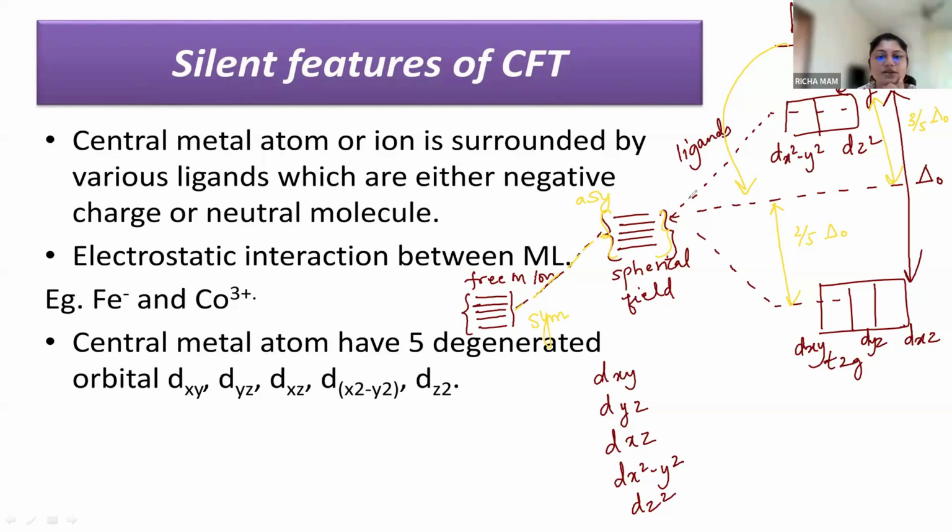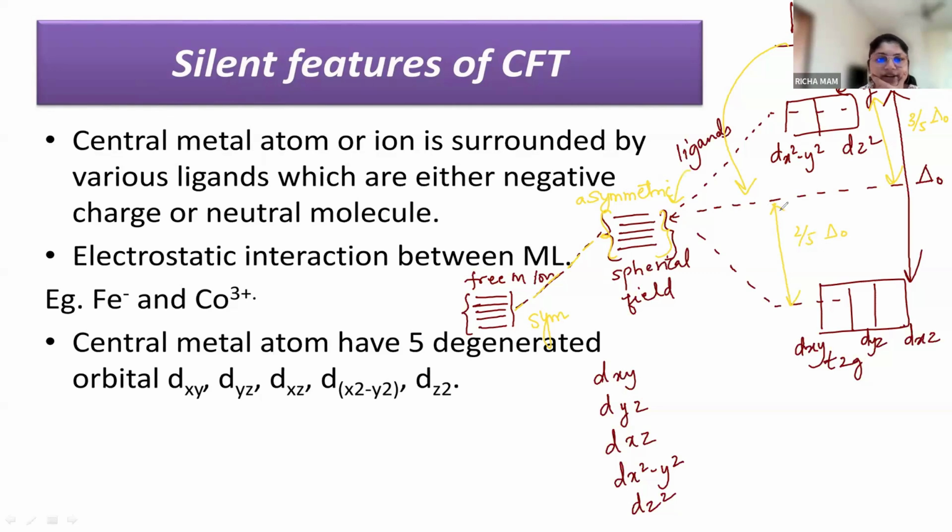It becomes asymmetric and the splitting takes place. So whatever the energy was the same, now it is not the same. Because it comes in contact with the ligand, this splitting of d orbitals is called crystal field splitting.